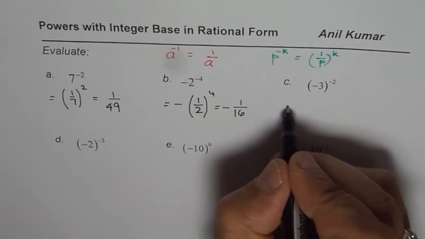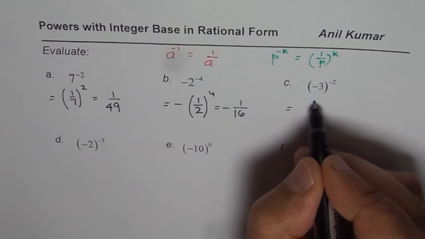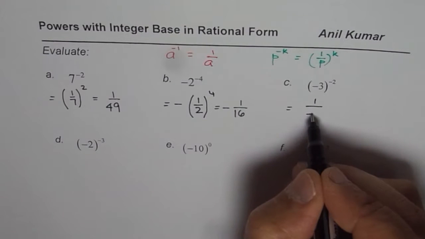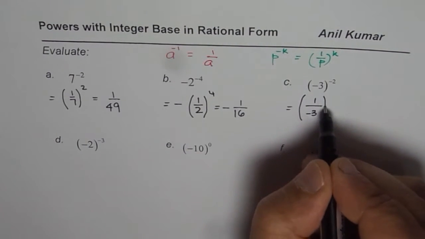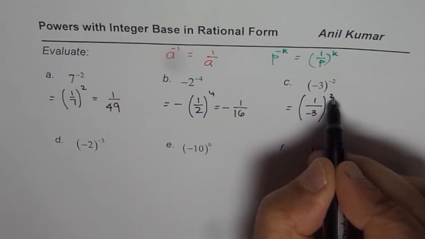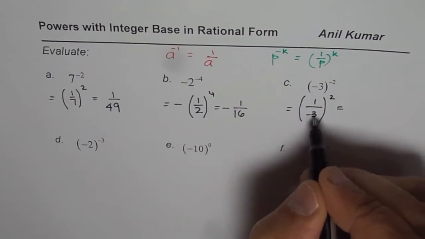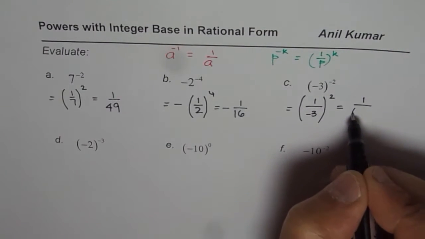Now let's look into this example, minus 3 to the power of minus 2. So we could write this as 1 over minus 3. Now both are to the power of minus 2. Therefore, this time I took negative within the brackets, right? Square. So in this, it really means that we are doing 1 over minus 3 whole square, right?